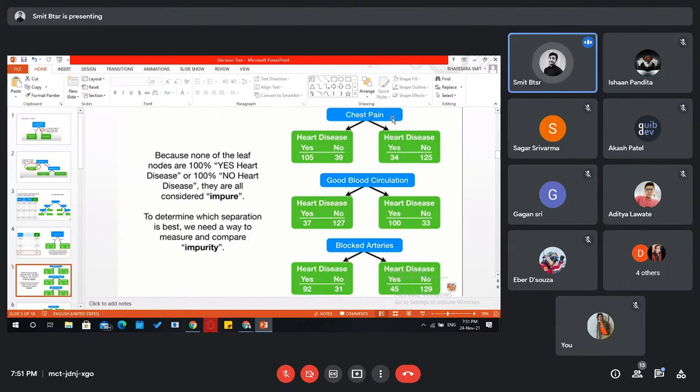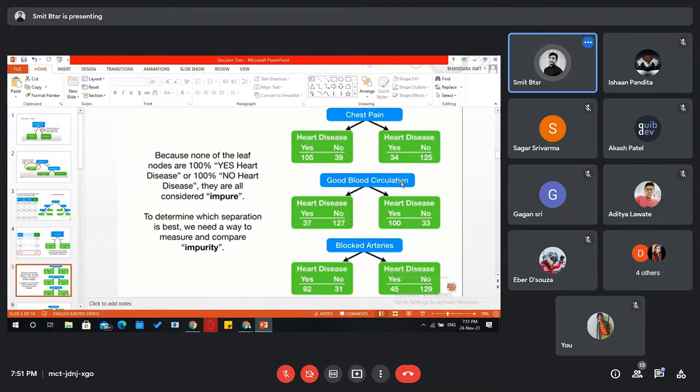Okay, if we consider that there is chest pain, then blood circulation, then blocked artery, or we ask in reverse order, like blocked arteries, blood circulation, and then chest pain, there would be some difference. As I try to explain in analogy, only if the student is late, then only we ask to drop him to the school, right?